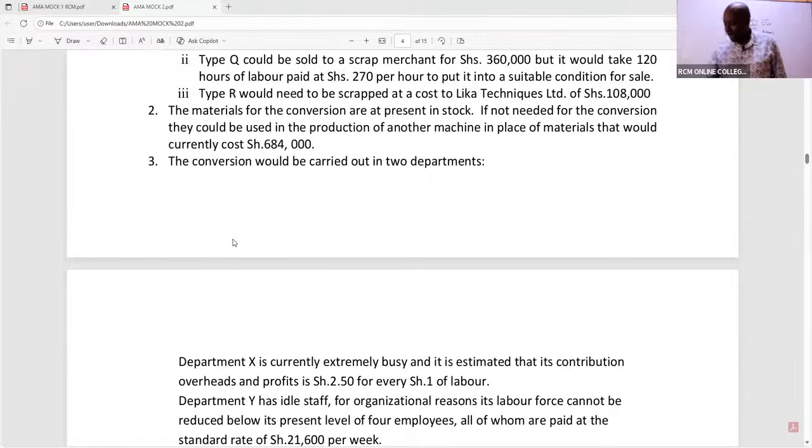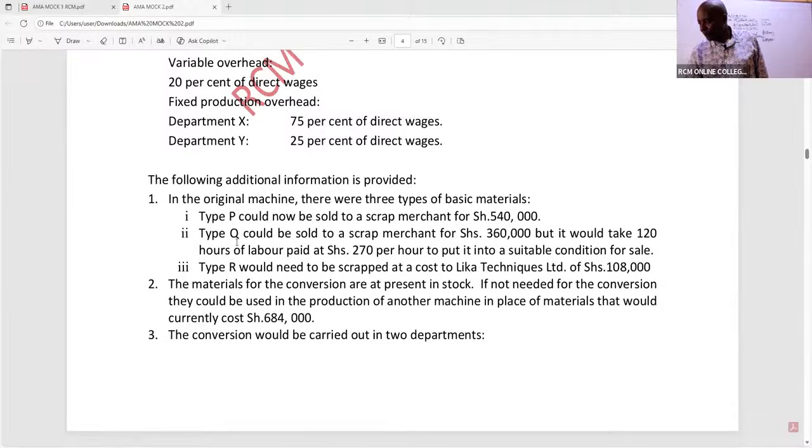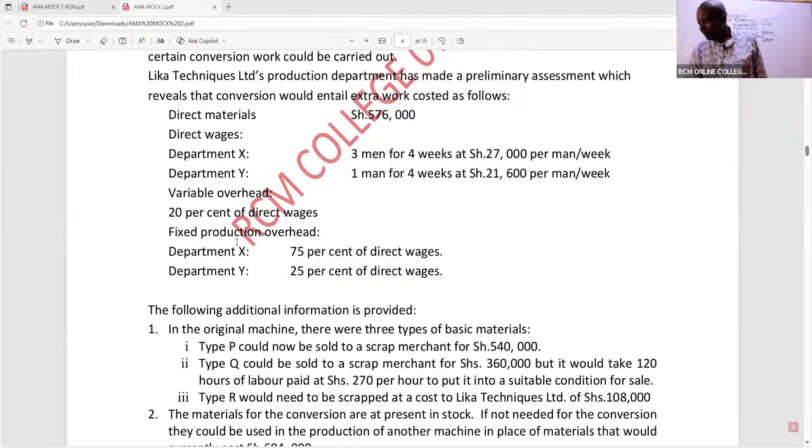So remember, these are the hours I want you to use. So you can see Department X, I need 3 men. 3 times 4 times 27,000.